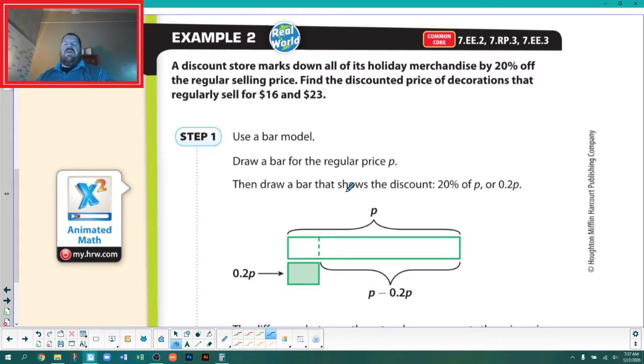So let's figure out what our expression is going to be first. So if it's a 20% discount, we can write that as 0.2 for 20%. And since we're doing that 20% off of the sale price, or what we usually sell it for, we're going to go 0.2 times P. That's going to be the discount amount.